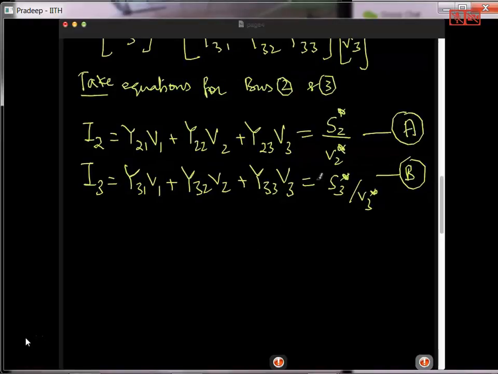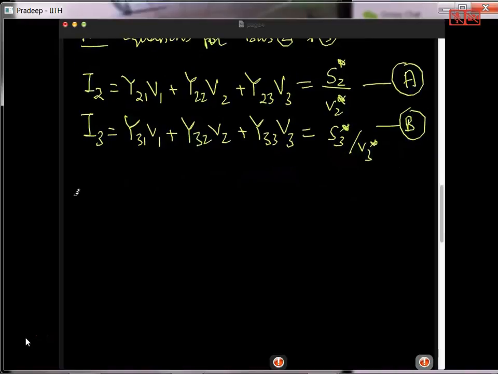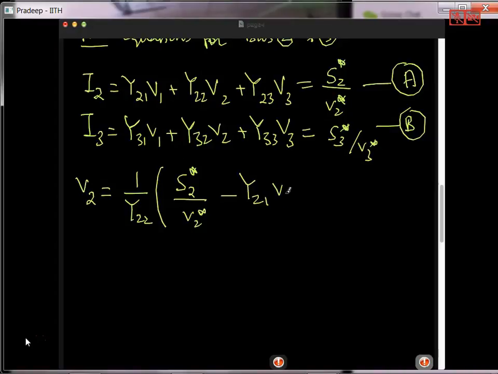So from equation A, I find out what is V2. From equation B, I will find out what is V3. So V2 equal to, from equation A. So what is V2? 1 by Y22 multiplied by S2 conjugate by V2 conjugate minus Y21 V1 minus Y23 V3. So this is one equation.